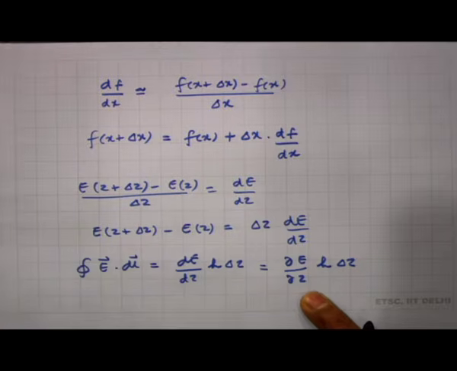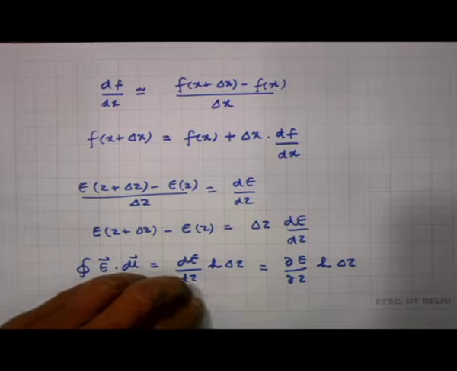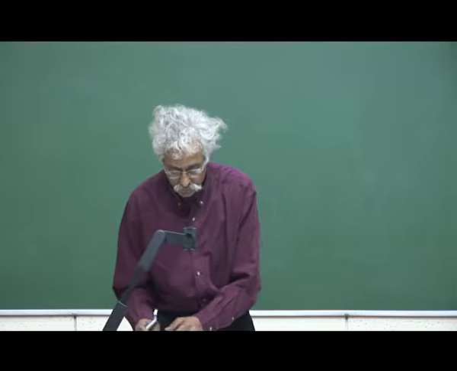The electric field depends on position z and time t, and here all I am saying is I am taking a derivative of the function with respect to z, keeping time constant. So, I am writing this as del E by del z. It is called a partial derivative. It is a derivative of the function with respect to one coordinate, keeping the other coordinate constant. So, what I have got is integral E dot dl is del E by del z into h delta z.